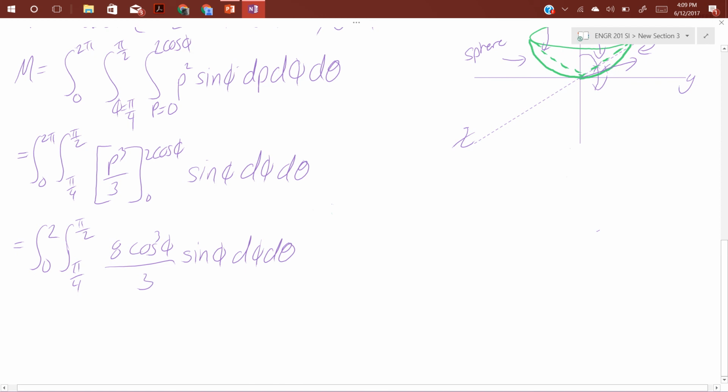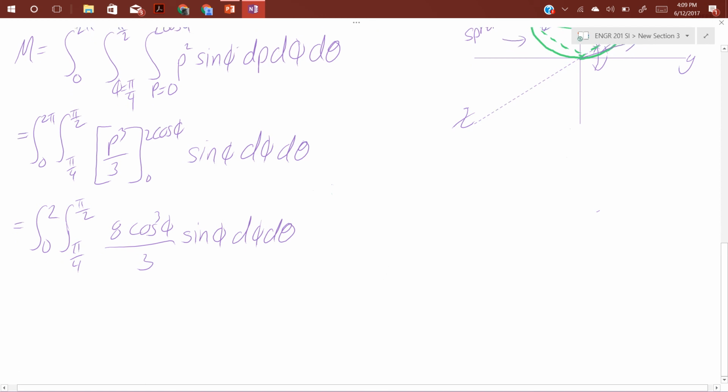So when we integrate this for phi, we'll actually get 0 to 2 pi. Sorry, lost a pi right here.